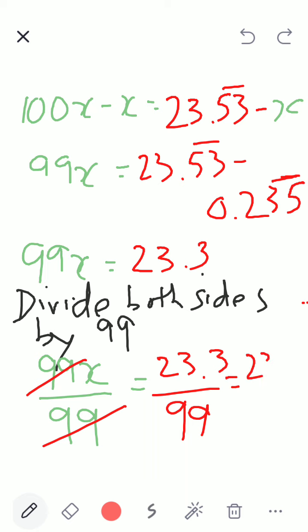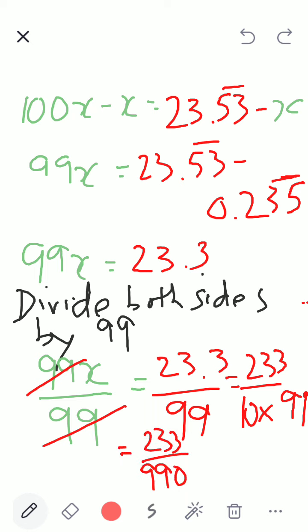I can write this as 233 by 10, into 99. And this becomes 233 divided by 990. Got it? Since it is in fraction form, I will write it in green.